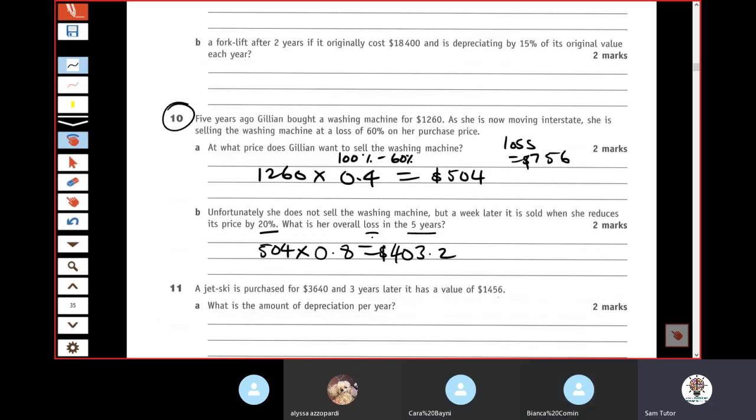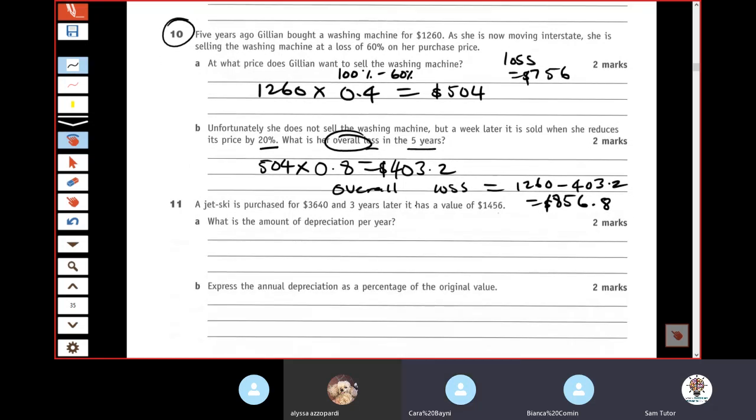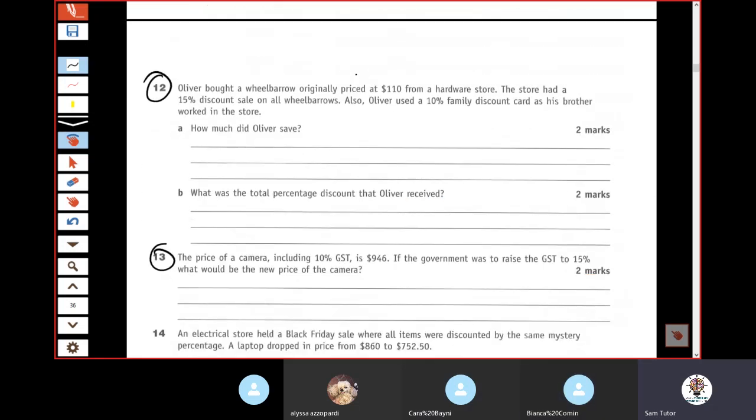You just got to watch out for things like that, these one extra step questions. So overall loss is just easier as 1260 take away 403.2, which is 856.8. Done. Easy. All right, let's do another one.